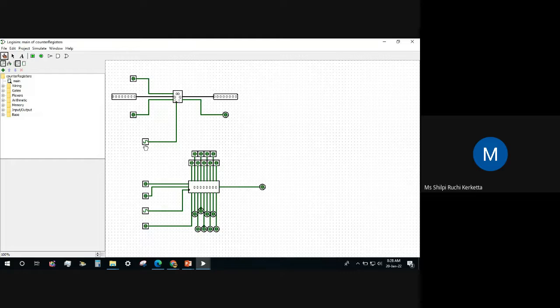So this is actually, I think, positive edge triggering. So this is for our positive edge triggering, and so this should be 1. And this is for counting. Okay, so it will work as both an up counter and a down counter. So initially our count is all zeros. This is an 8-bit counter, so everything is 0.